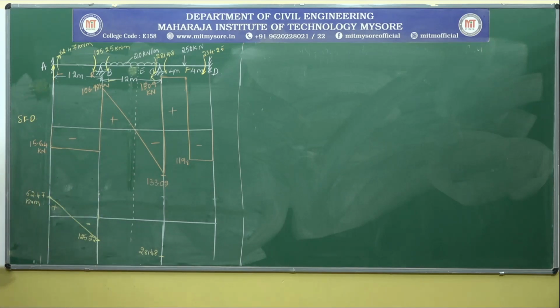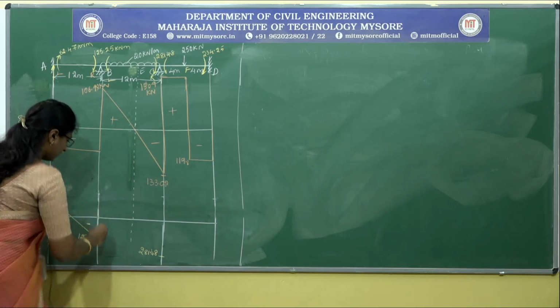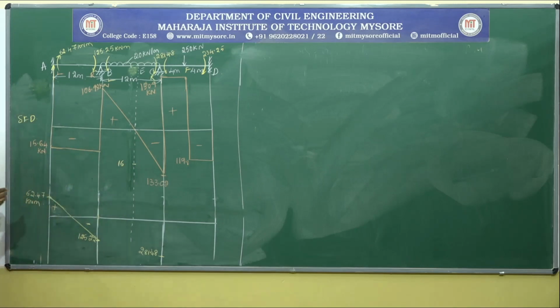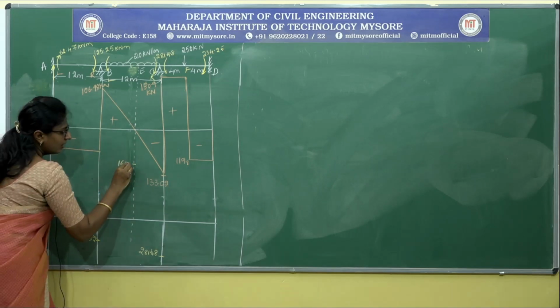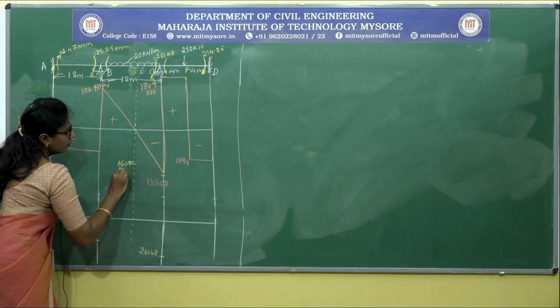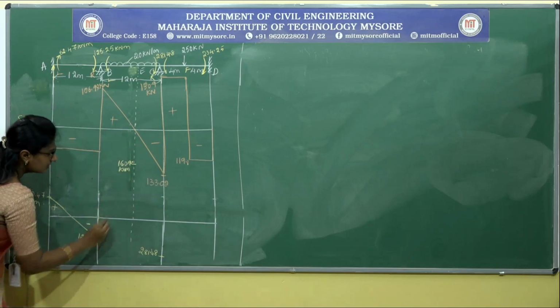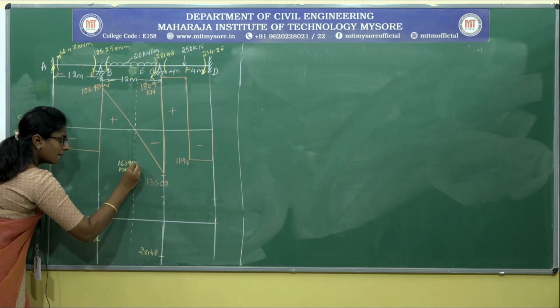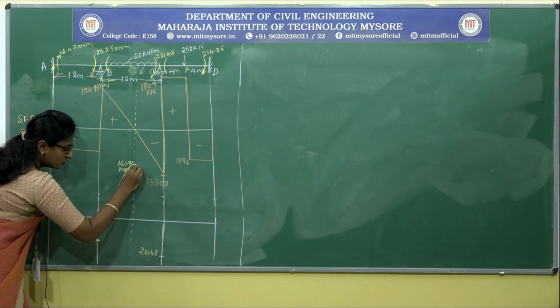It is 168.92 kilonewton meter. Since it is UDL, the variation is parabolic, I join this.